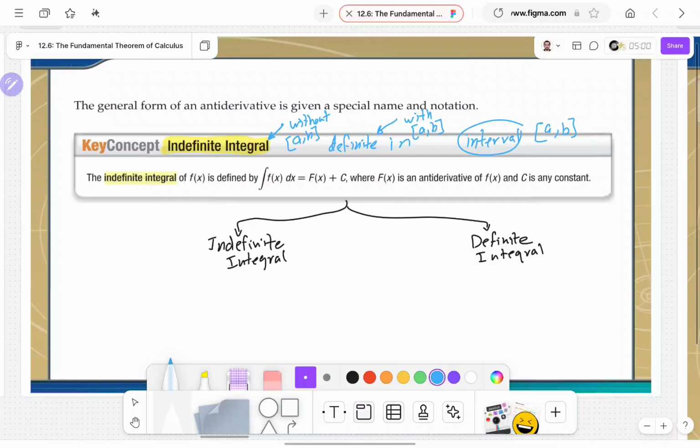Now what is the integration? The integration sign is the big F, then we write the function f of x times d of x. What is d of x? If you remember, d over dx is the sign that means the derivative. When the question only gives you dx, this means we want the antiderivative.